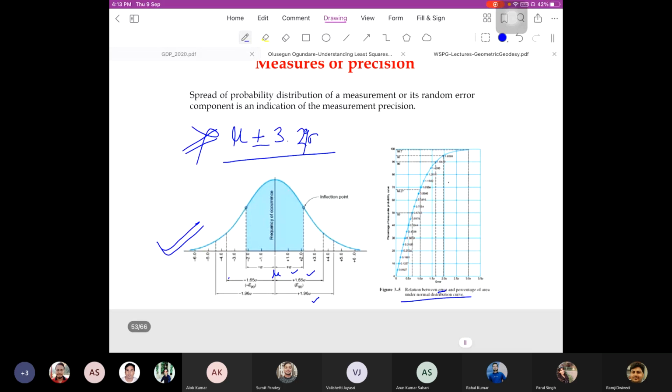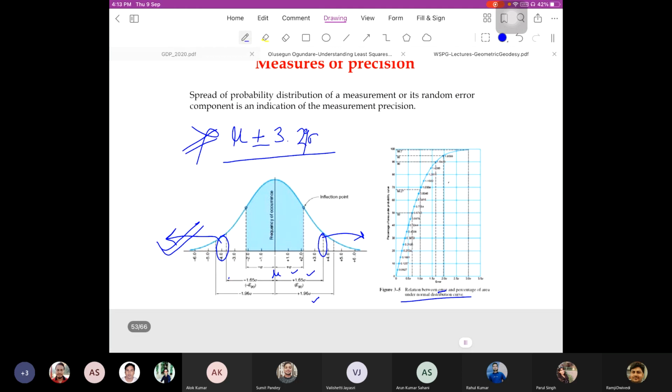Previously, in the literature, you would also see this criterion written for outlier detection: mu plus minus 3.29 sigma. It would fall somewhere here. So it is considered that observations beyond mu plus minus 3.29 sigma would be rejected as outliers.